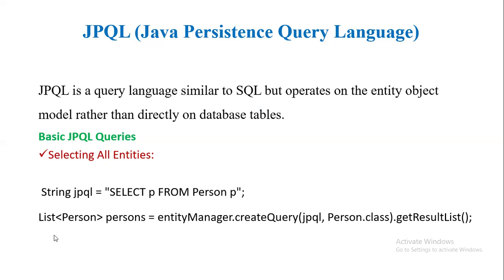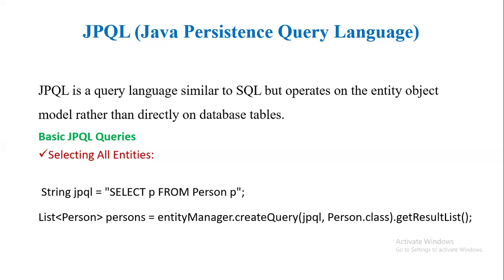In the next line we have List<Person> persons = entityManager.createQuery(jpql, Person.class).getResultList(). The entityManager.createQuery of jpql, Person.class tells JPA to prepare the query and expect results of type Person.